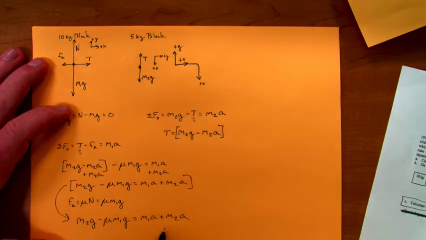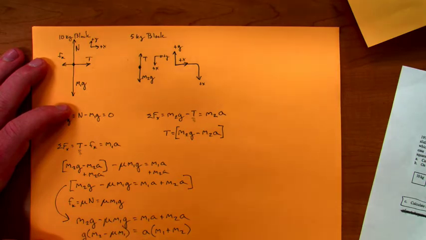And now I need to solve for A, so I need to get the A's by themselves. So the easiest way to do that is just to factor out an A from here. That's M1 plus M2. I can also factor out a G from this. G times M2 minus mu M1.